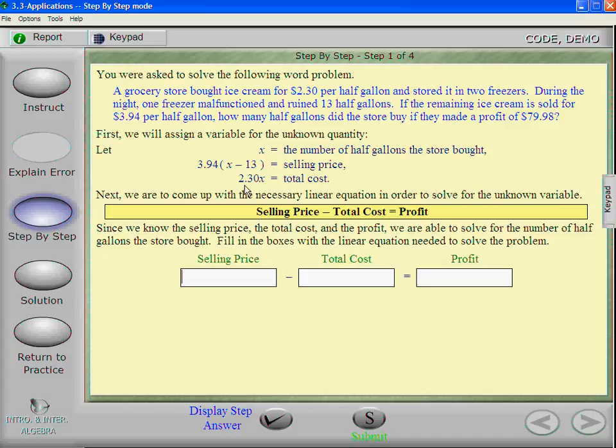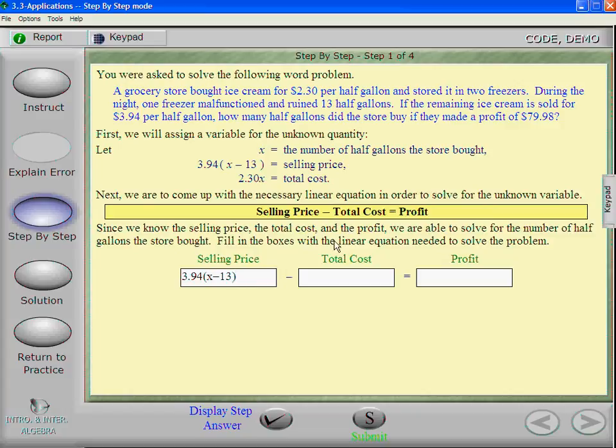And then the 2.30 was how much it cost them initially to buy it from the wholesaler, times x. So what they're saying is, if they made a profit, their selling price, take away their total cost. So selling price 3.94 times x minus 13.